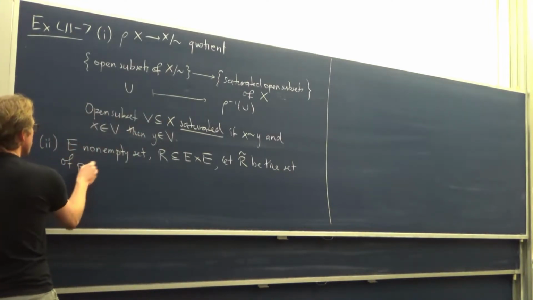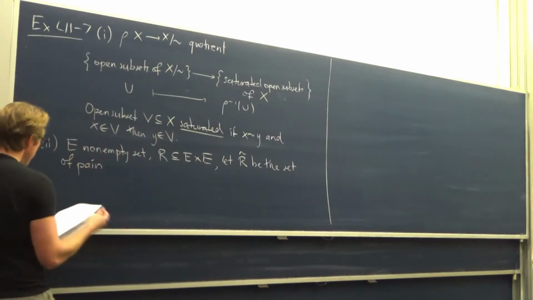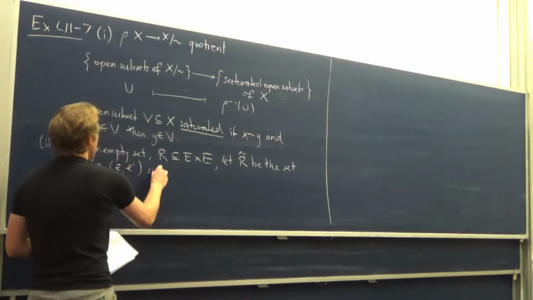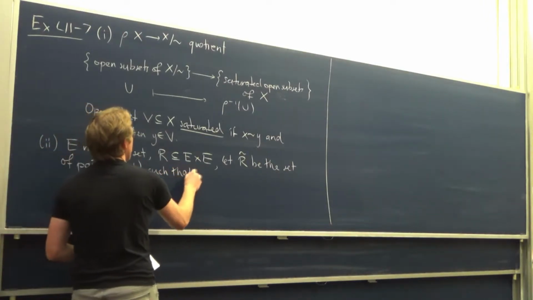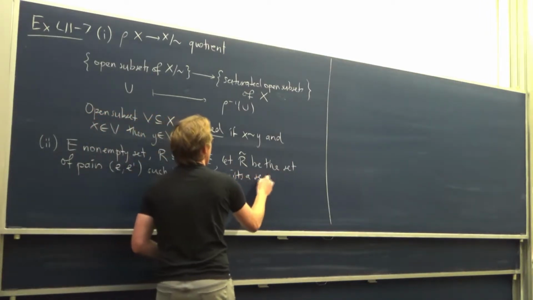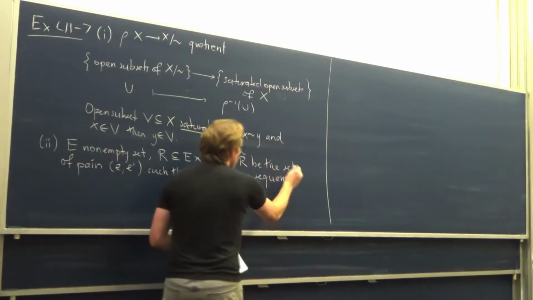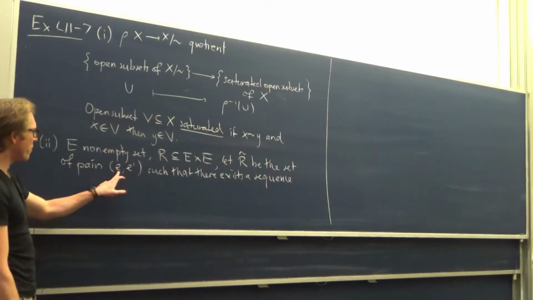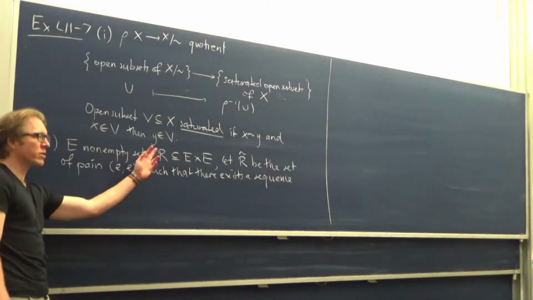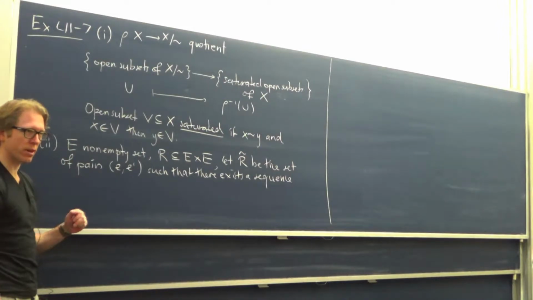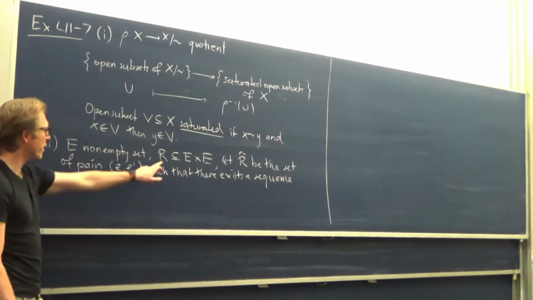So R tilde is going to be the set of pairs E, E prime which informally speaking have the property that you can reach E prime from E using things in the relation or their reversals. You can sort of think about things in R.